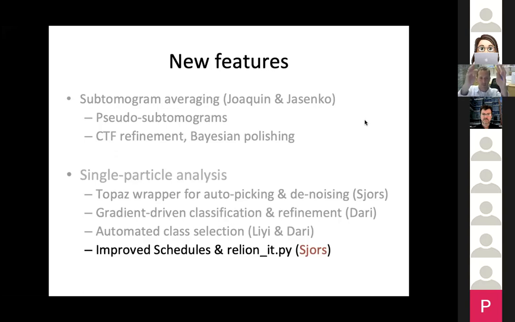So you can have a complicated branched graph to do different things in different circumstances, which is executed automatically from a little GUI that I will show you in a minute, called relion_it.py and the RELION scheme GUI.py. Now, if you open the typical RELION GUI alongside that, then you'll see that magically jobs will appear as running, and they'll finish, and a new job will appear, etc. So this runs separately from the main RELION GUI, where the old schedules would run inside.